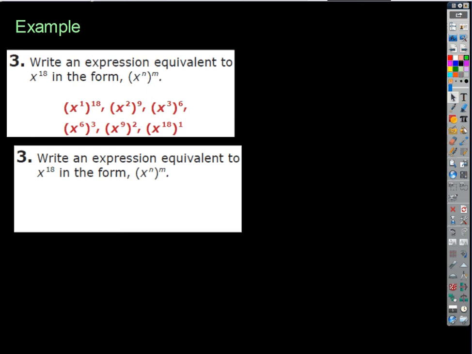Go in and do page 1 on properties of exponents. Just do page 1, all of it. And then stop after page 1.